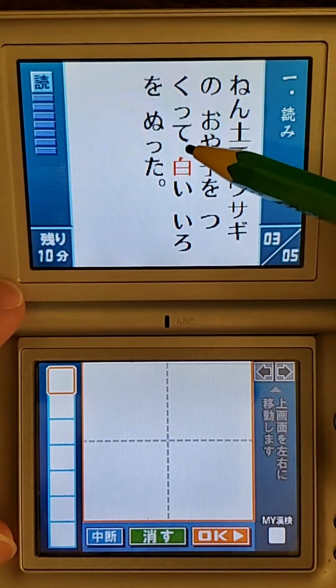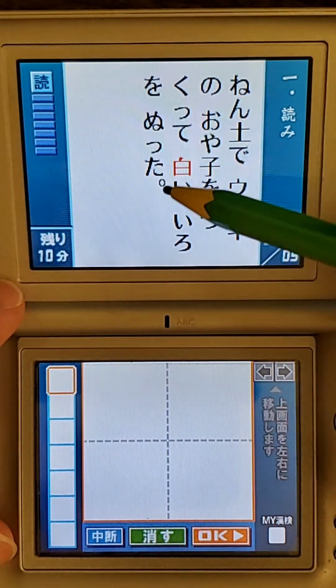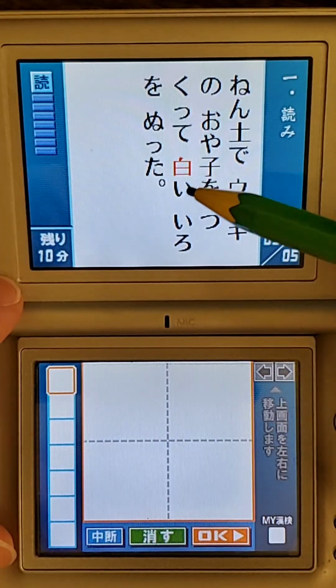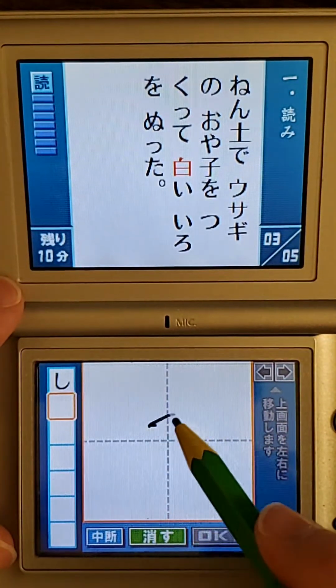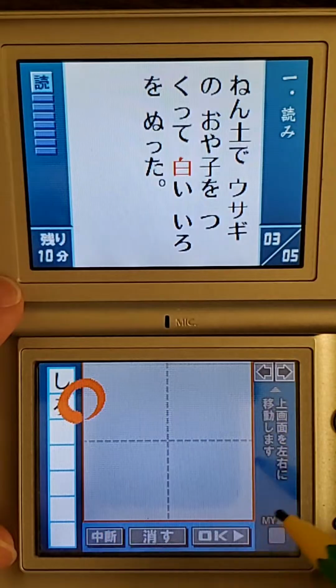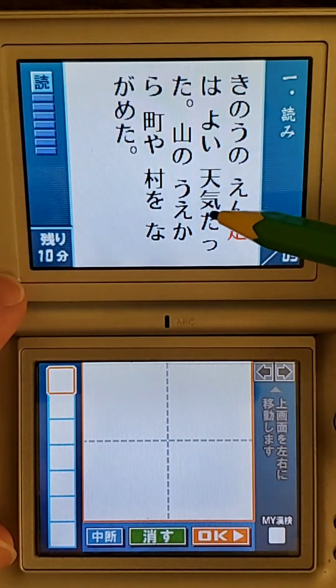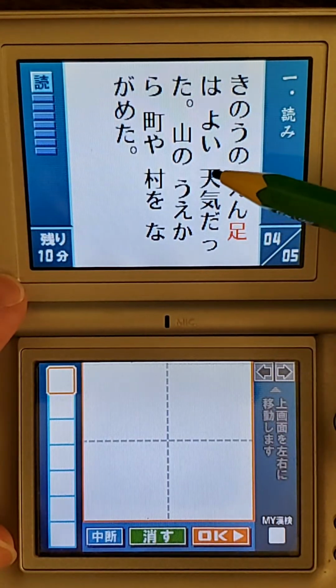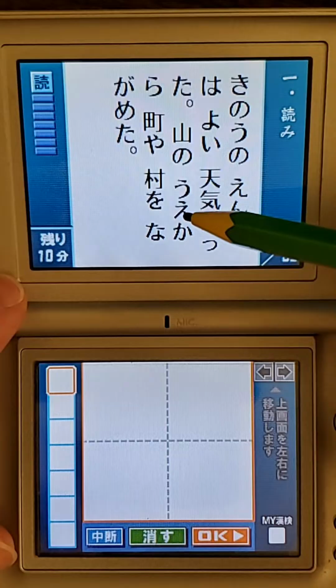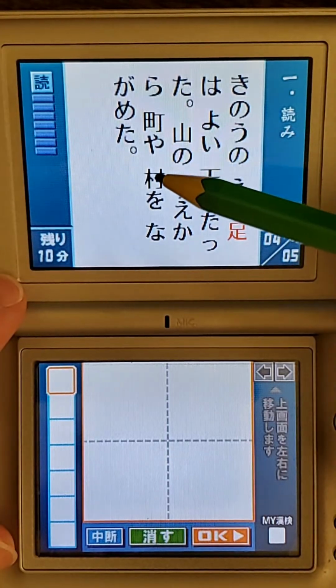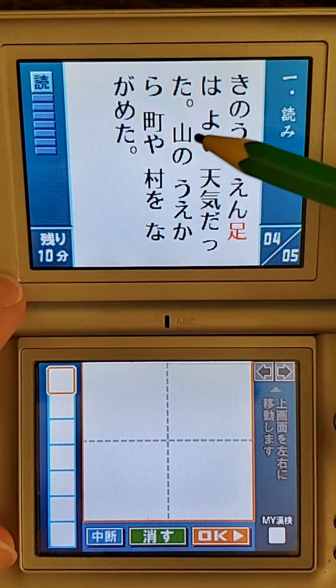親子を作って白い色を塗った。白い, so white, 白い。昨日の遠足, so yesterday's field trip は良い天気だった. It was good weather. 山の上から町や村を眺めた.